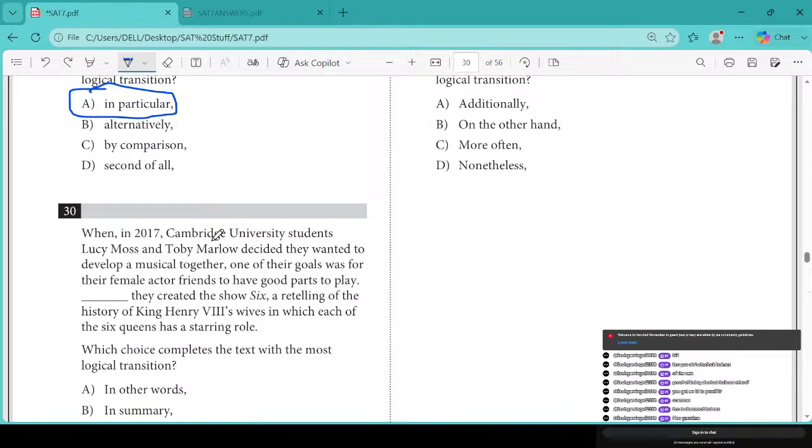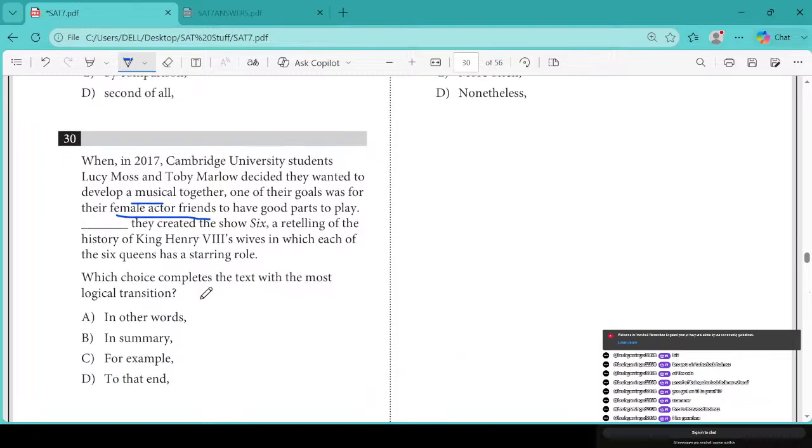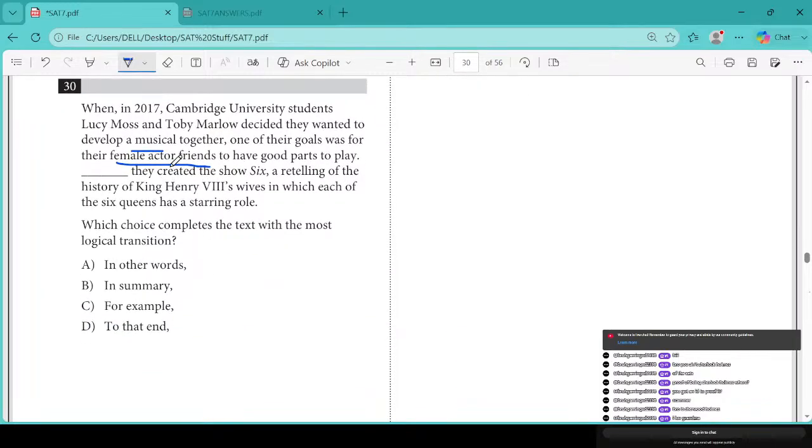Okay, so these two people want to develop a musical for their female actor friends to actually have good parts to play. So that is why they created the show.